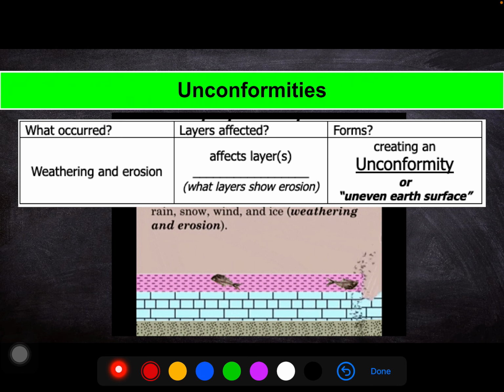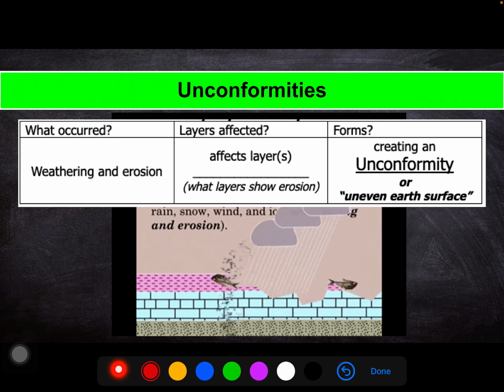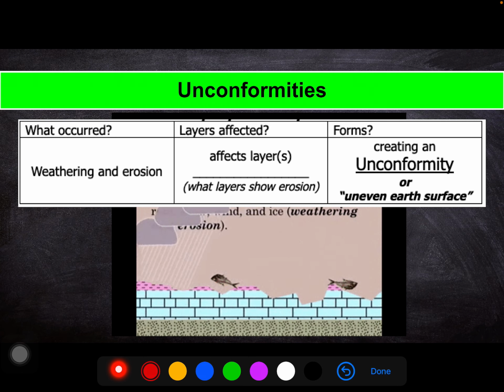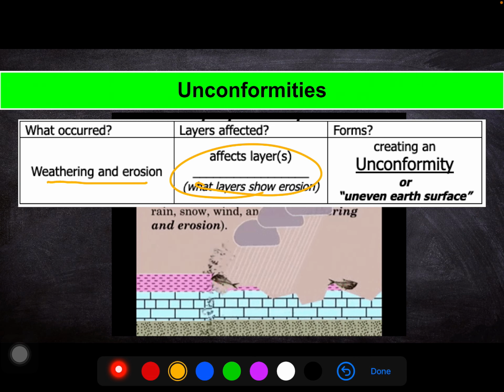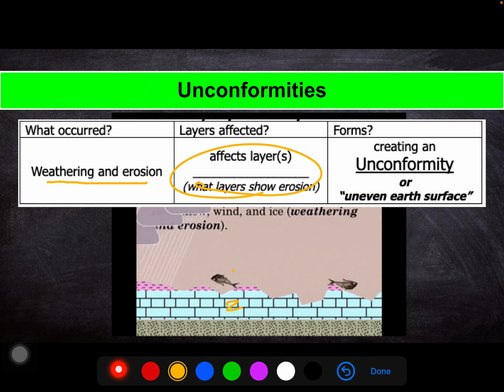So the last thing we're thinking about here is kind of like what we did with those deformations: what would that look like when we're telling that story of geologic time? So we know weathering and erosion would create that. We would have to say what layers are affected, like here it'd be layers 2 and 3 because no erosion that we can see to this original layer.